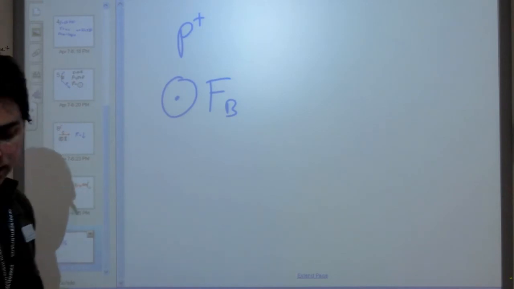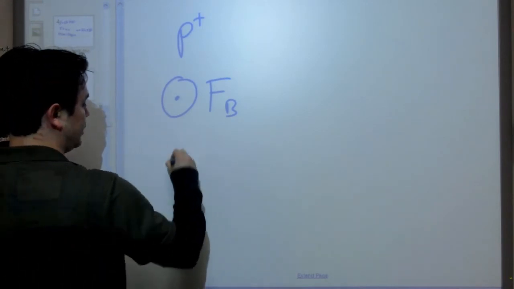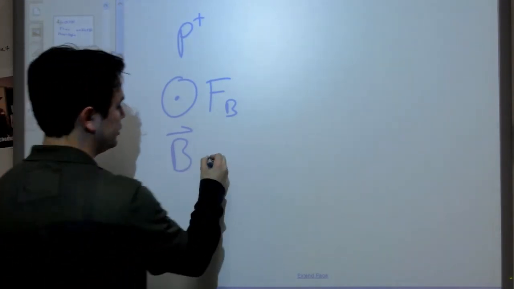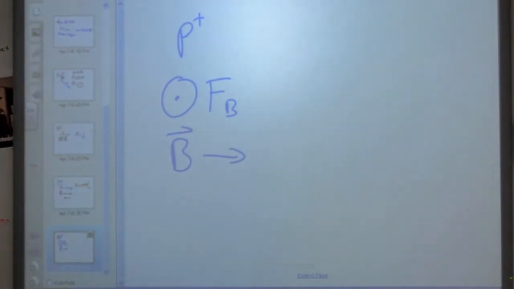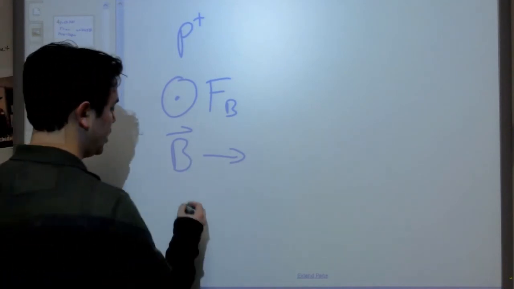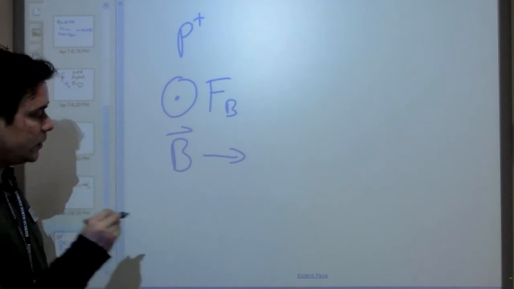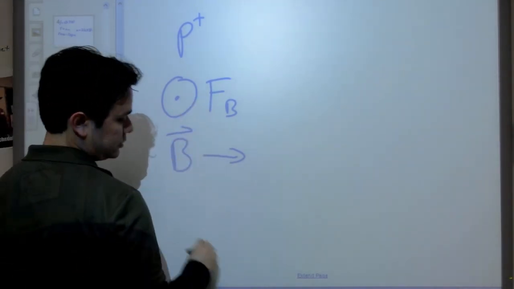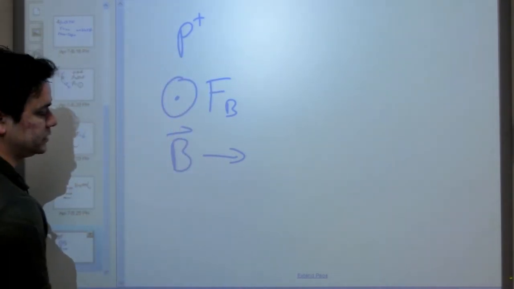And that this is from it moving through a magnetic field, which is pointed directly to the right. Now, technically, there are a lot of different answers to this because the velocity could be in a bunch of different directions and still give us this result. But I'm going to tell you that our velocity needs to be at a right angle to these guys. So we're just going to do the reverse, basically.